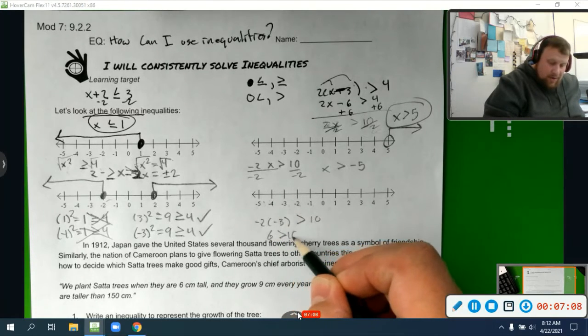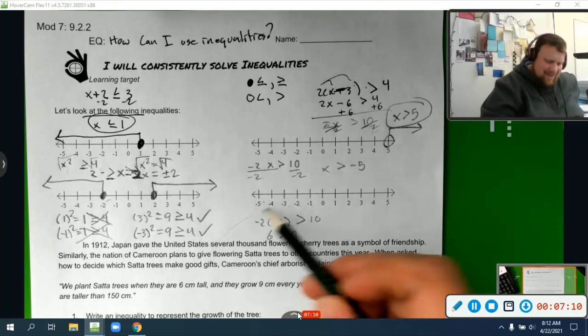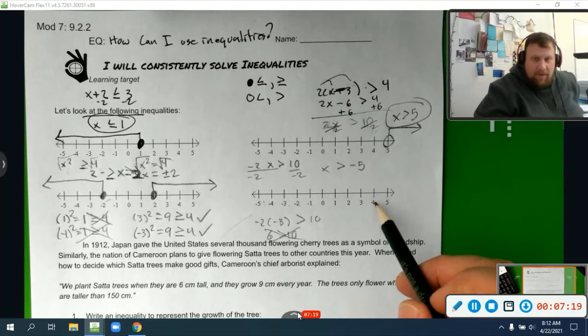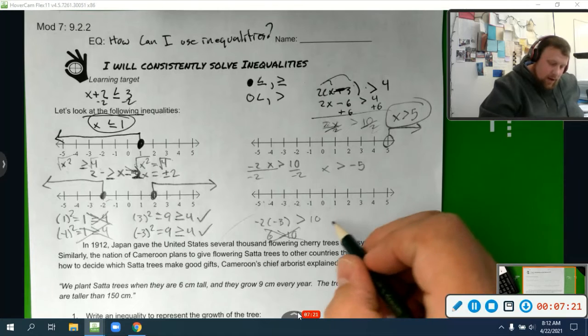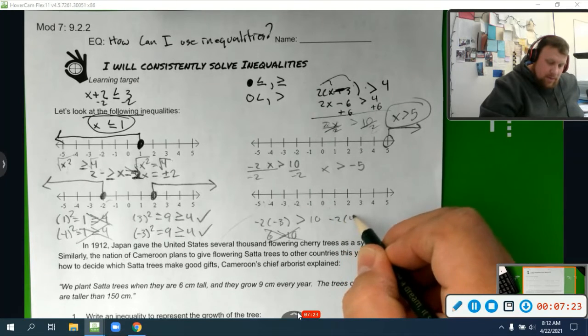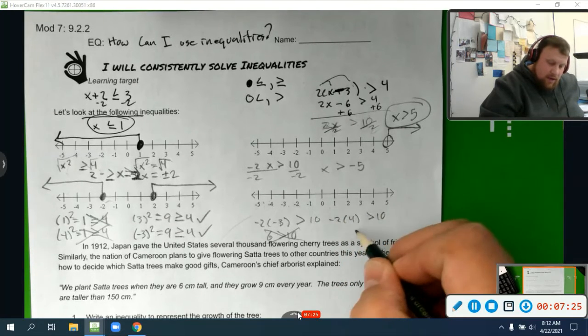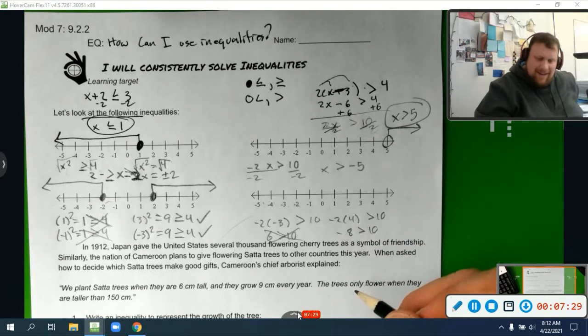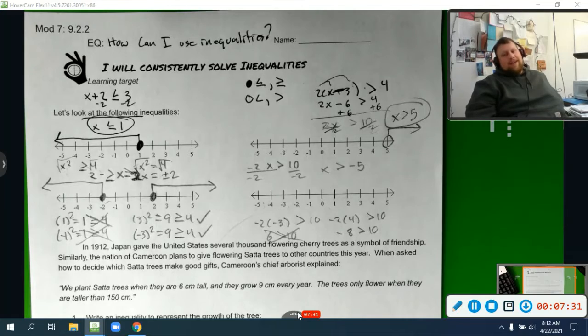Is 6 greater than 10? Nope, it's not. Okay, let's try this again. Surely if I pick a point way up here, like +4, right? So I'm going to have -2 times +4 is greater than 10. -8 is greater than 10. What?